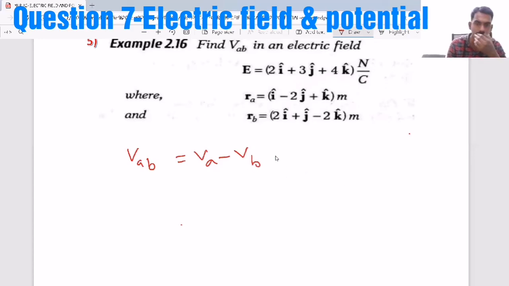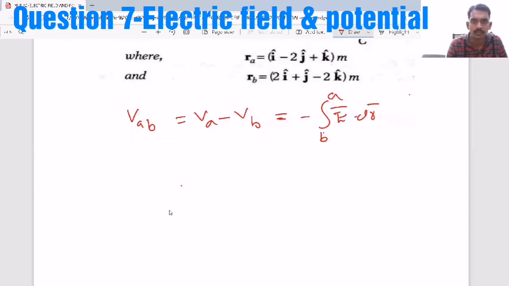VA minus VB means it is minus integration E bar dot dr bar from B to A. So this is the relation. Now, equal to minus integration, B is 2 comma 1 comma minus 2, and A is 1 comma minus 2 comma 1.